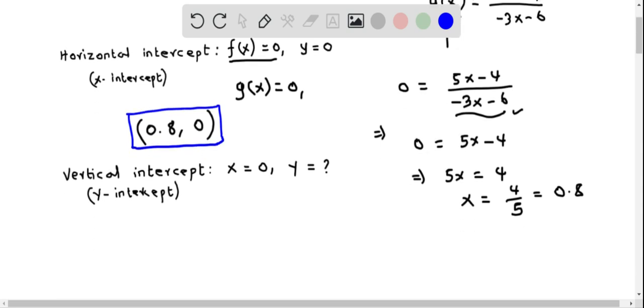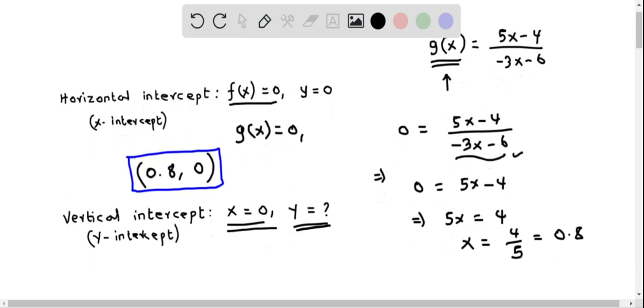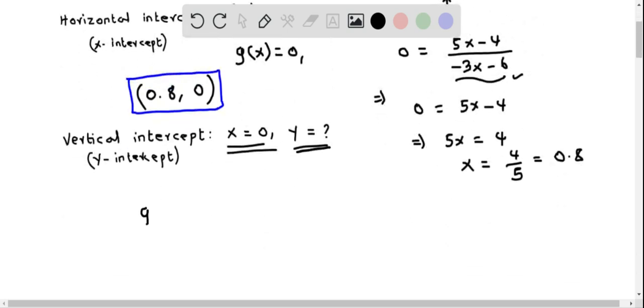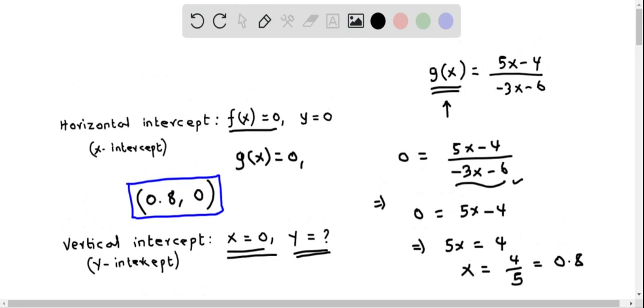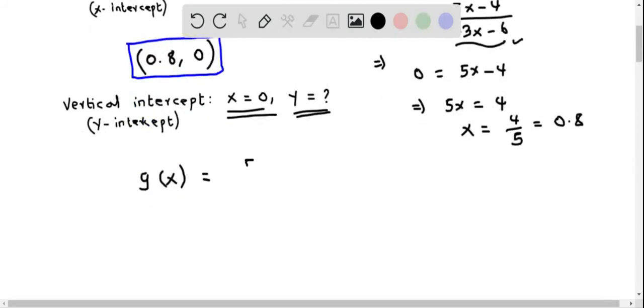Now let's determine the vertical intercept. Once again, we have to replace x by 0 and determine the corresponding value of y. So first, let me copy the g of x. We have g of x equals 5x minus 4 over negative 3x minus 6. Now we replace x by 0 and determine g of x.